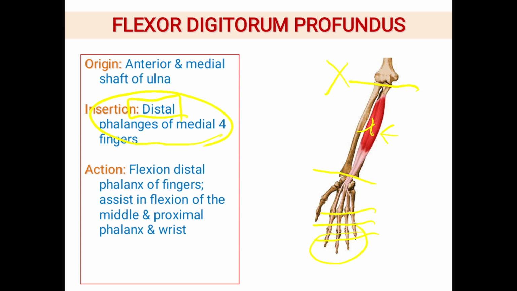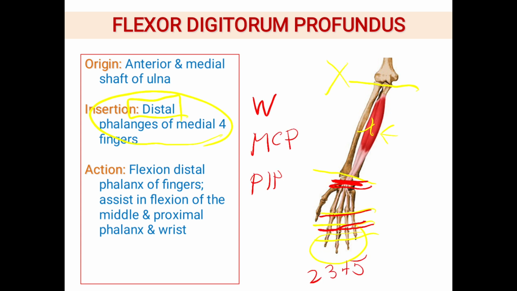your flexor digitorum profundus moves the wrist, okay, right here, because it crosses the wrist joint. It moves the MCP right here because it crosses the MCP joint. It moves the PIP, okay, right here because it crosses the PIP joint of the second, third, fourth, and fifth finger.